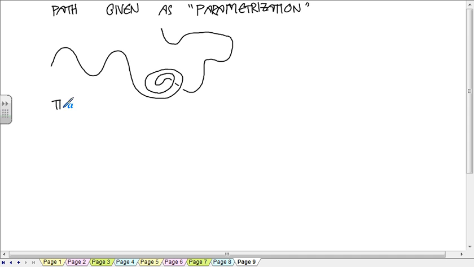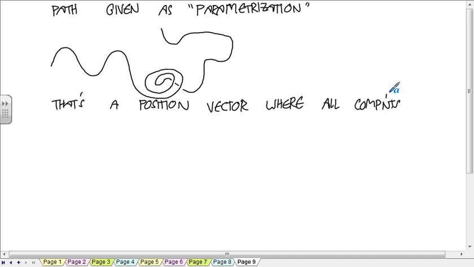So a parameterization is a position vector where all components are functions of a single variable. Here are some examples.